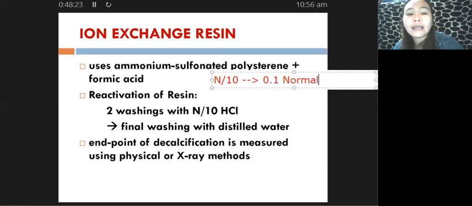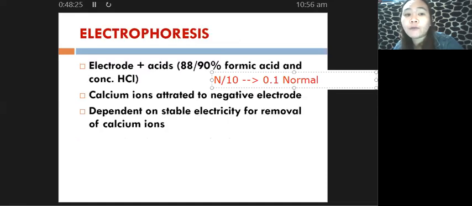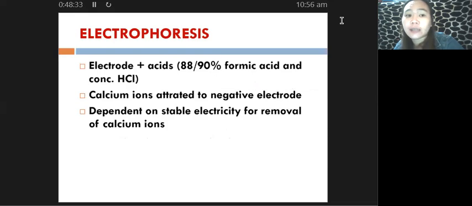And the last method that we can perform for decalcification is electrophoresis. Just like your ion exchange resin, it also requires the use of additional materials, in this case electrodes. Electrophoresis, by the way, is otherwise referred to as electrical ionization.